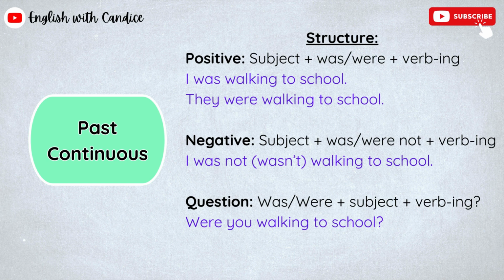So for example, I was walking to school. For negative sentences, add not after was or were, like I wasn't walking to school. And to form a question, we're going to switch the order. So, was I walking to school?